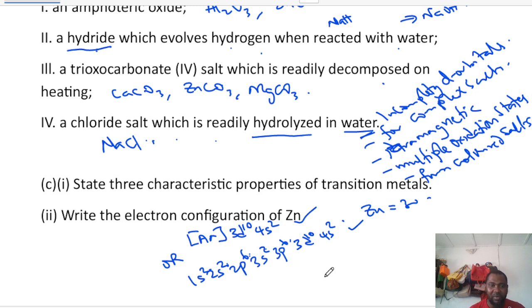That is the reason why most times zinc is not necessarily seen as a transition element, even though it falls in the transition element category. For example, the color of zinc is white. Other transition metals are colored, have different colors, but zinc is white. Why? Because the orbitals are completely filled.